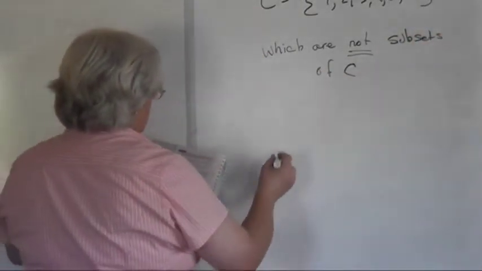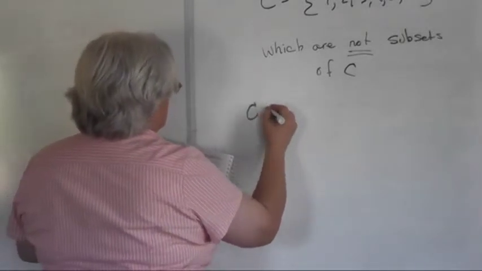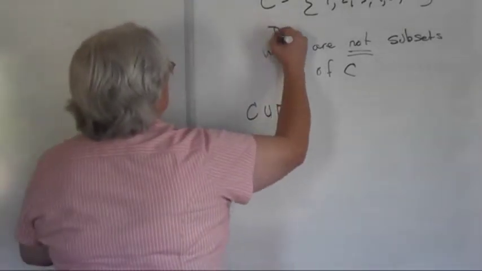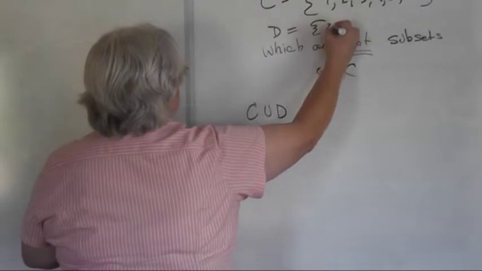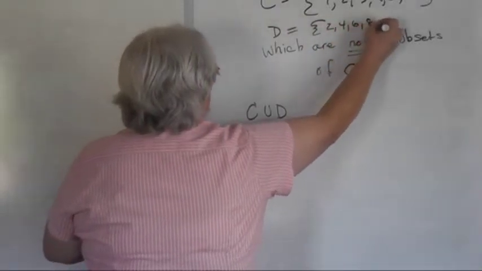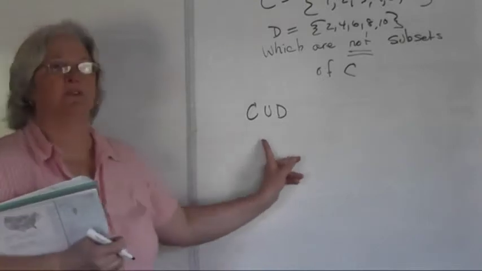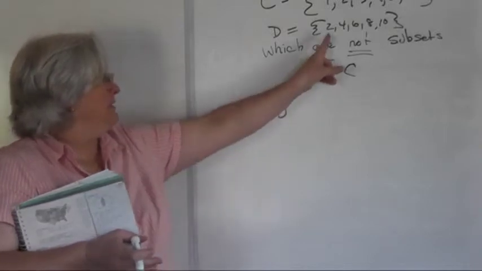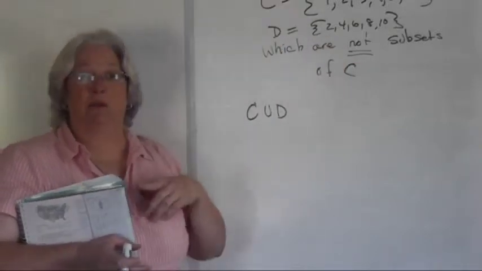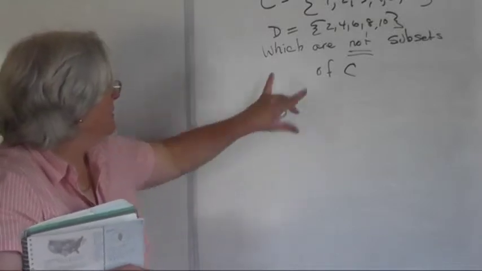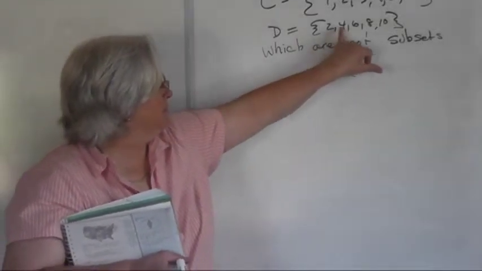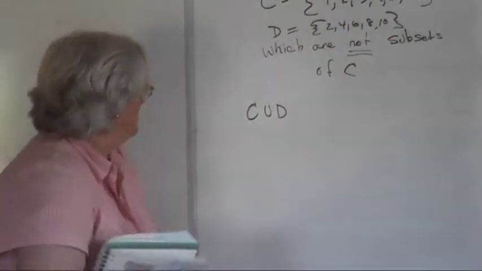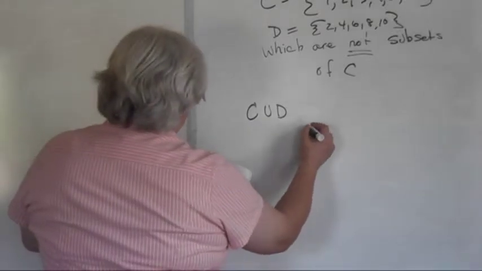Okay, well first we have, is C union D a subset of set C, and we had that D was 2, 4, 6, 8, and 10. Well, what does C union D mean? That's every element that is contained in set D and every element that is contained in set C. Well, no, because even though you have 2, 4, and 6 in set D, 8 and 10 aren't in set C. So no, it is not a subset.